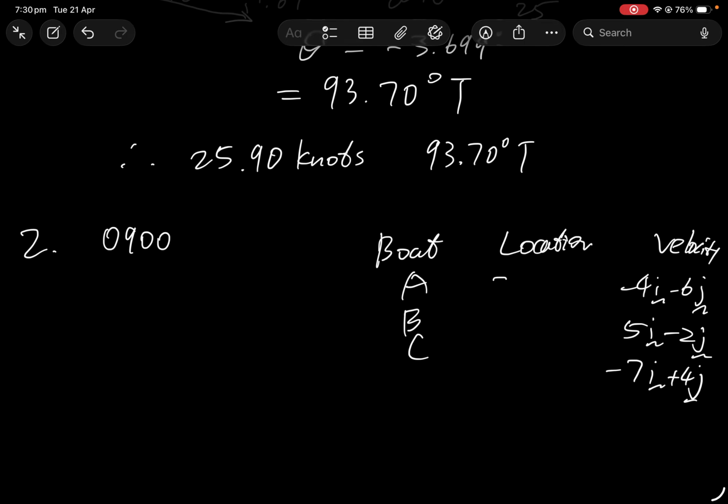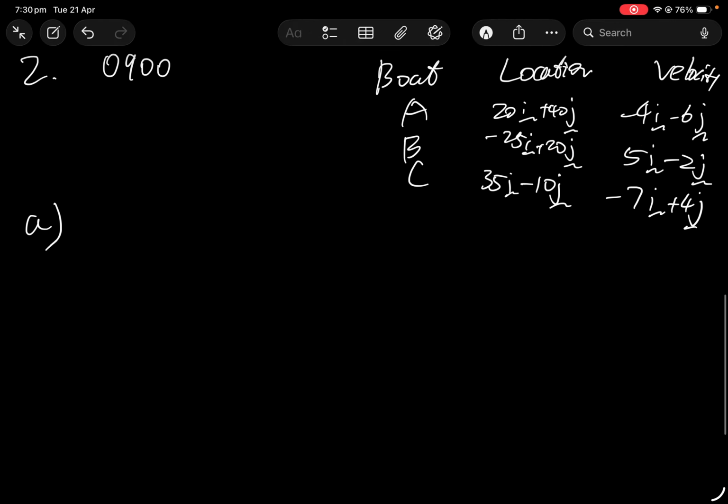And then this is 20i plus 40j, negative 25i plus 20j, 35i take 10j. Okay, so part A asks us to find the position vector of A relative to B at 9 o'clock. So we don't have to do anything, so it's just these two.